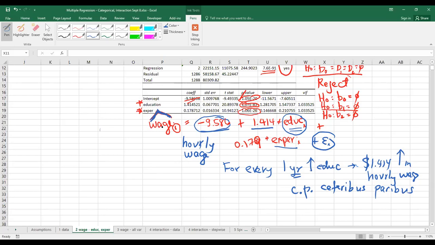Ibig sabihin, ano yung predicted value natin? So yung predicted value, guys, hindi error yan. Walang error yan. Kasi predicted value nga yan eh. Pero yung may error term, we're not talking of the predicted value. Okay? So sige guys. So quick review lang yan. Then let's go to the next one.